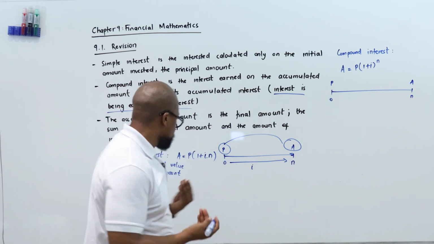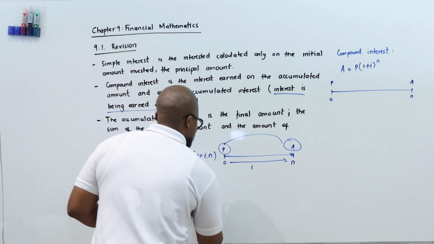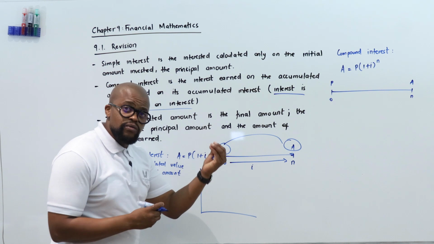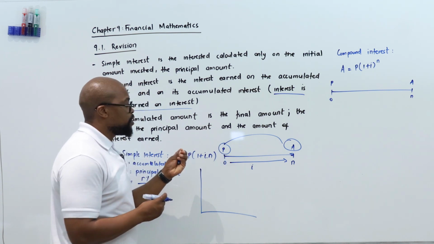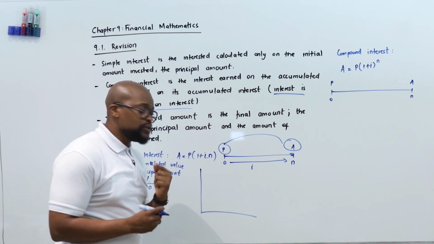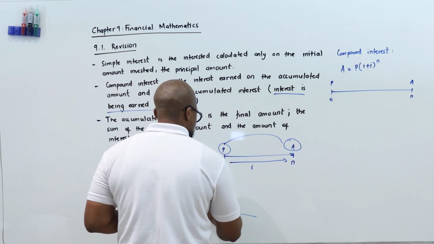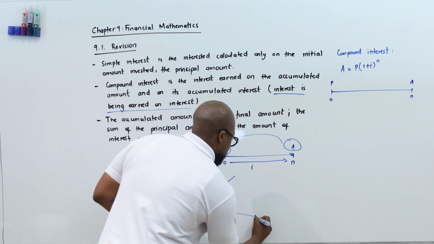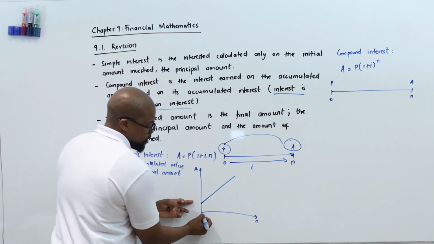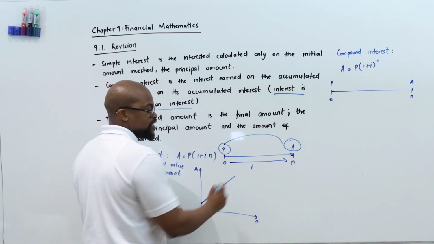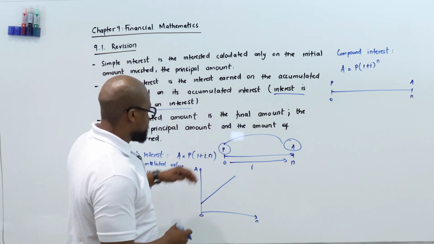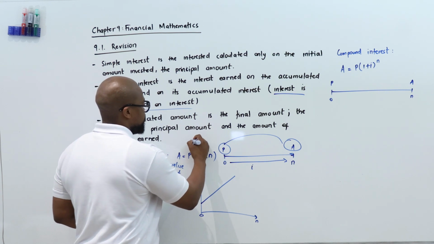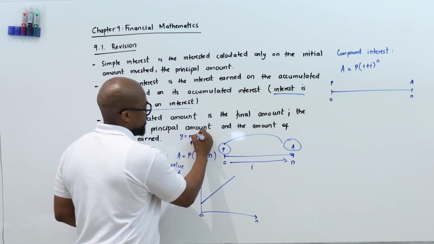And it kind of makes sense, because if you look at our simple interest, your interest does grow, but because you charge your interest on a single amount, your interest grows in a linear form, where this is your accumulated value and then this is your time. As time advances, your interest grows, but it grows in a straight line fashion. And you can see that even the simple interest formula resembles that of a linear function on a straight line.